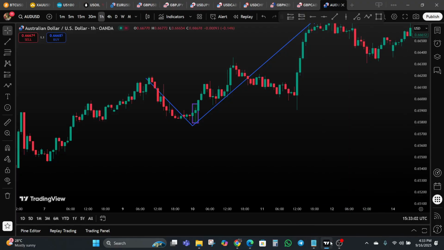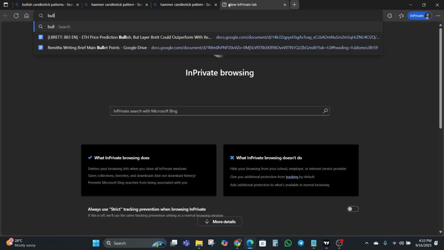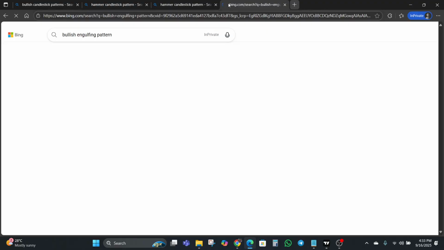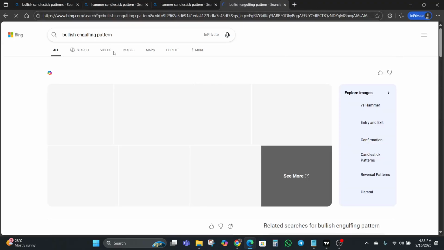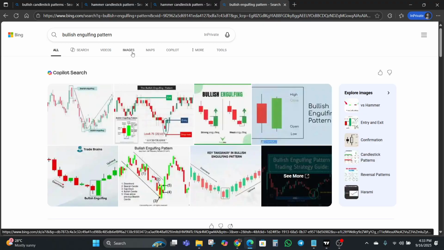The next candlestick pattern we're going to be talking about is the bullish engulfing pattern. The bullish engulfing pattern is a two-candle formation that appears during a downtrend.